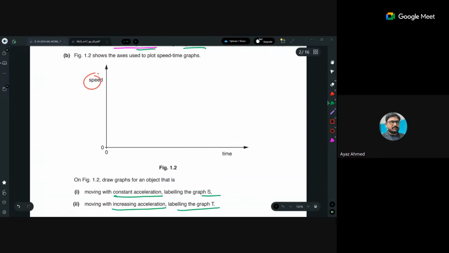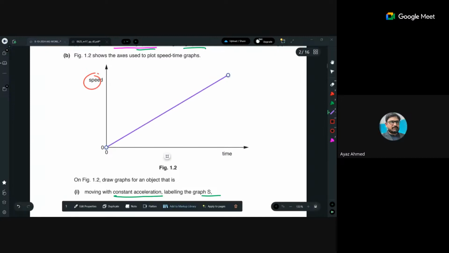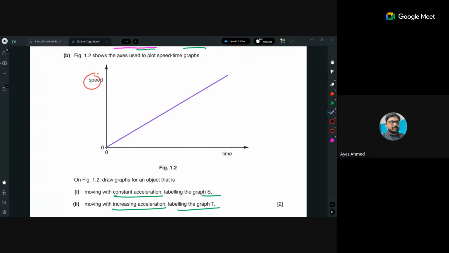So constant acceleration is what? Straight line. This one. You can start it from anywhere, no worries at all. You can have any steepness and you can start it from anywhere. Are you getting my point?